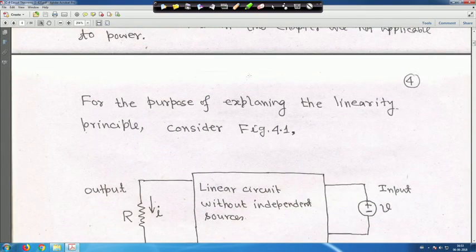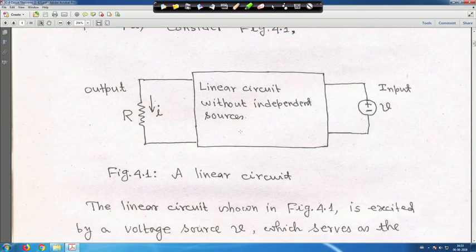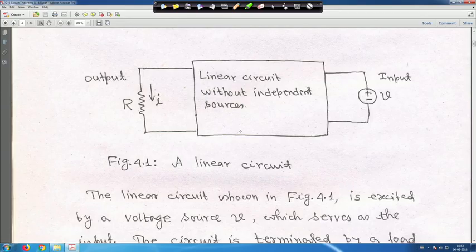For the purpose of explaining the linearity principle, consider this figure 1. You have one voltage source, and on the left-hand side one resistor, the load resistance R, and current flowing through it. In between is a linear circuit without independent sources.